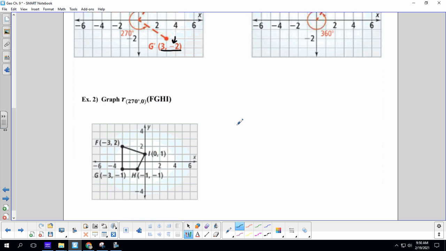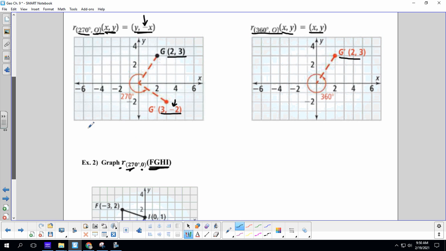So let's take a look at example 2. We're going to rotate 270 degrees around the origin the quadrilateral FGHI. And so I'm going to do it using, let's pull the formula out here.